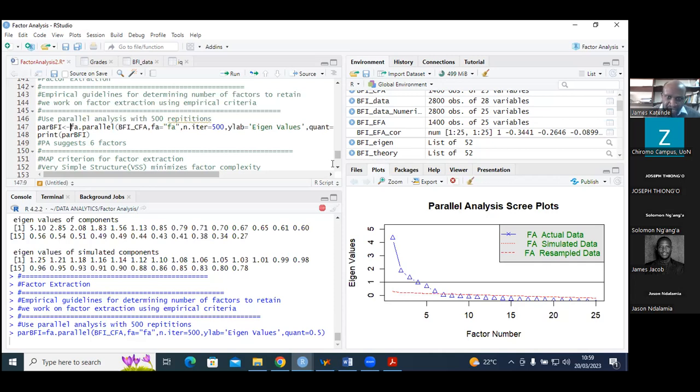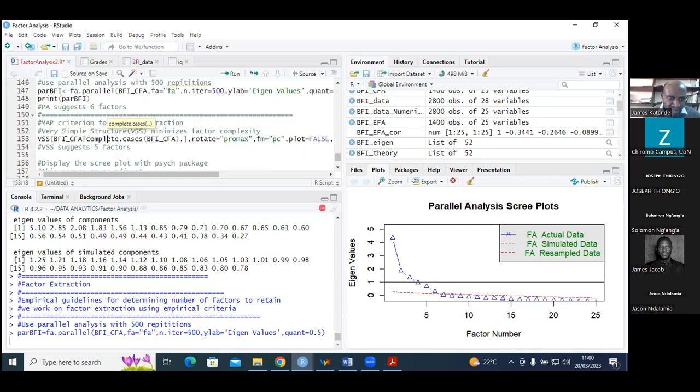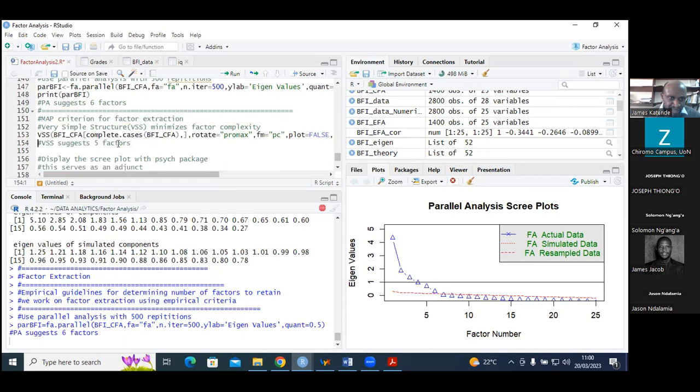But again, this has to be subjected to further checks. Then there's another one called MAP. It uses this command VSS, which tries to find the simplest structure. And when you run this, it seems to agree with the theoretical model. It suggests that it should be 6.